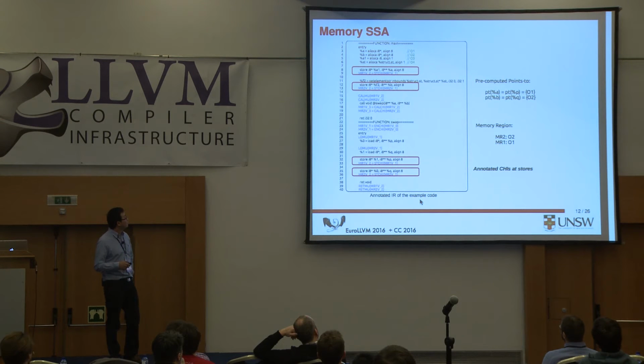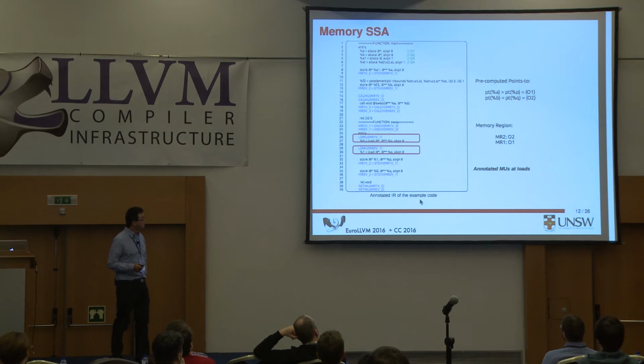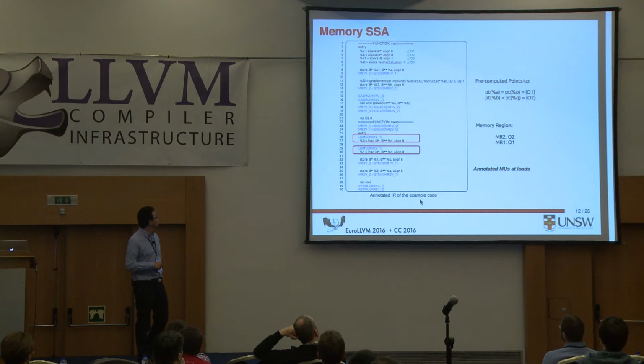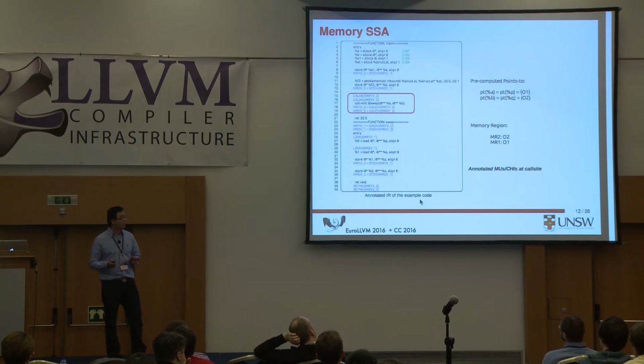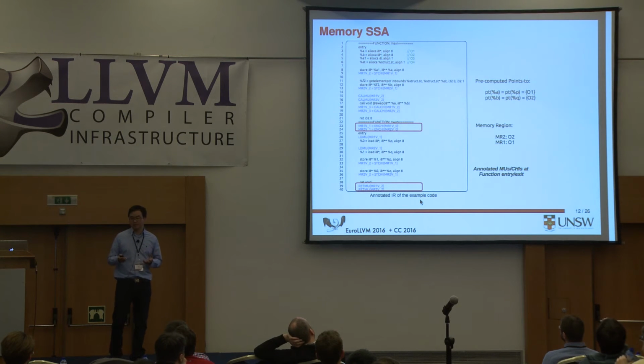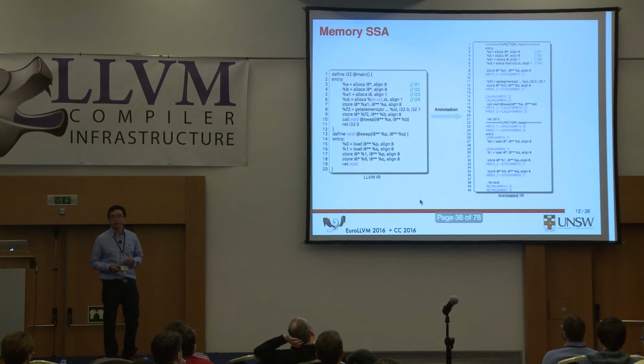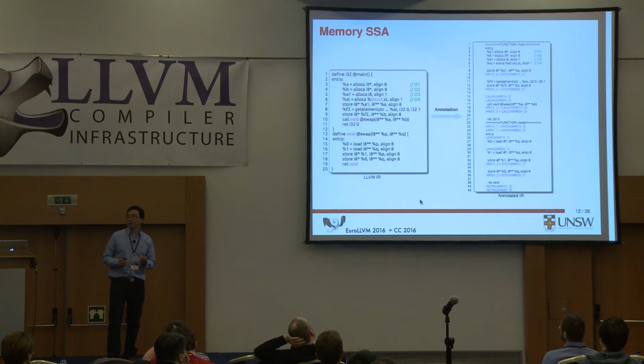Next, we annotate the load instruction with the mu operator. Here we simply treat each object as a single memory region. Next we annotate the call site with mu and chi, and eventually the function entry and exit. So finally we get the annotated memory SSA form on the LLVM IR.